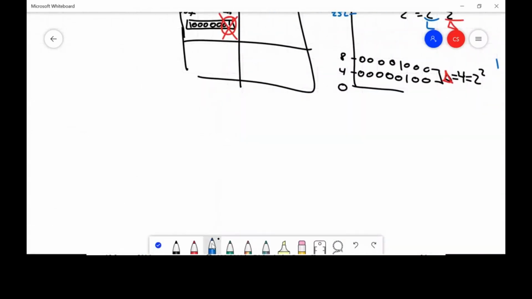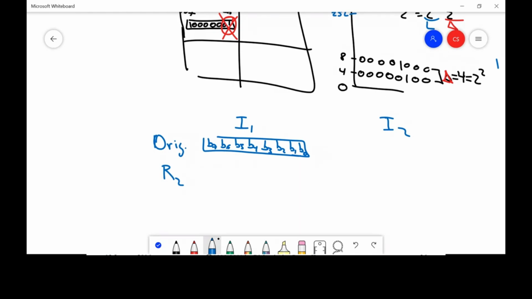Let's say we have 2 images. Let's start with image 1. Image 1, originally, has all these bits: B7, B6, B5, B4, B3, B2, B1, B0. So this is the original. Now I do right shift by 2.